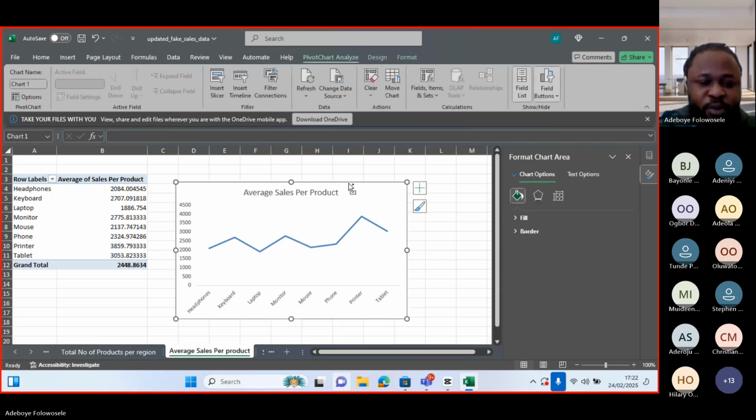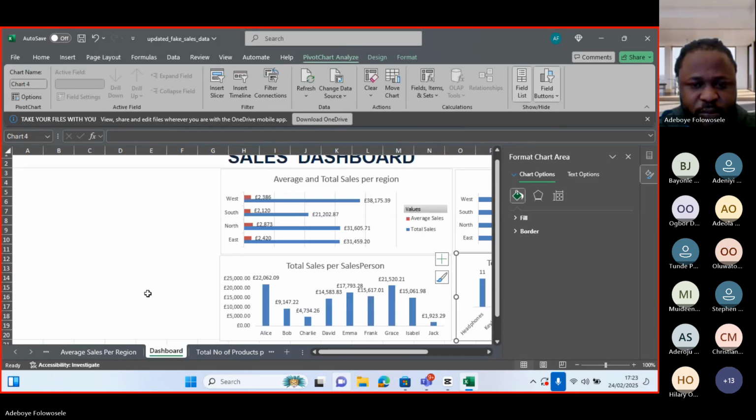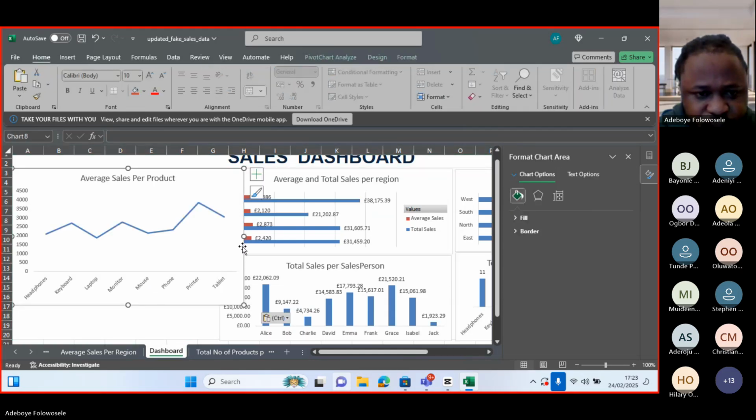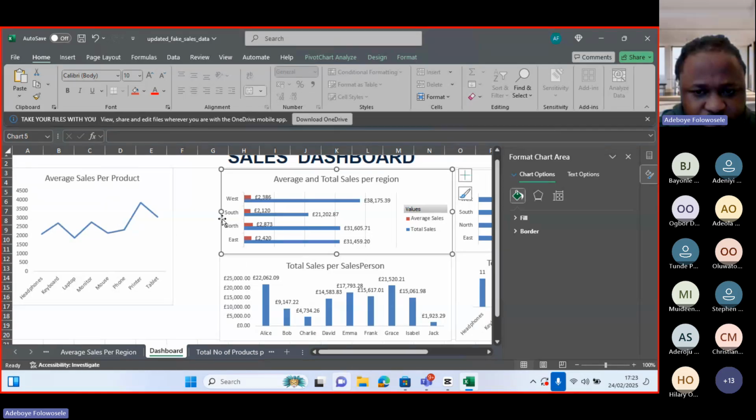So let's copy this. Let's look for our dashboard. Let me try to reduce these a bit.